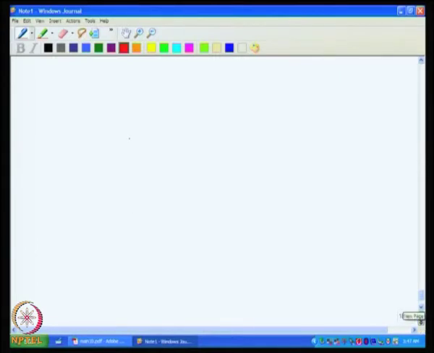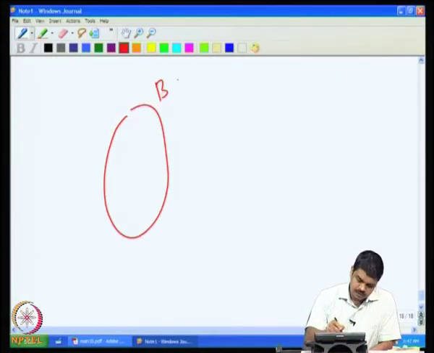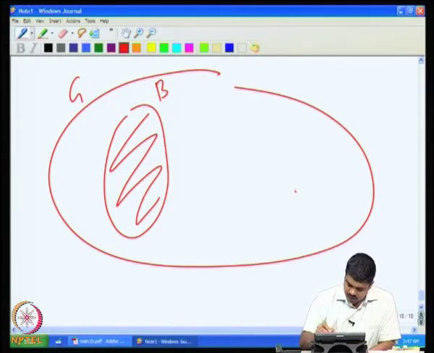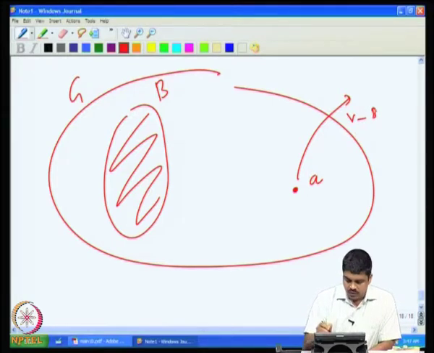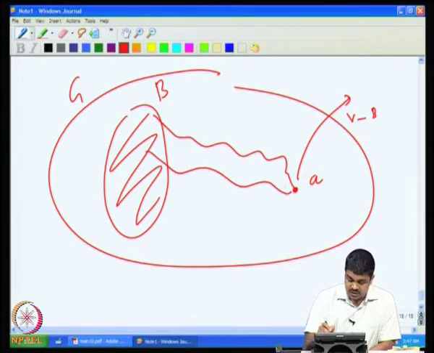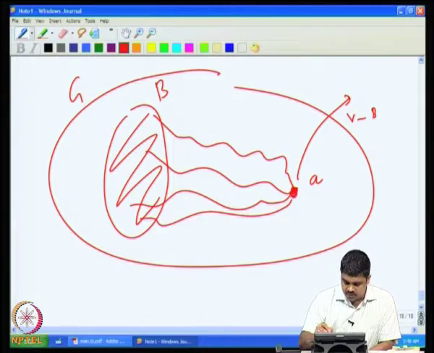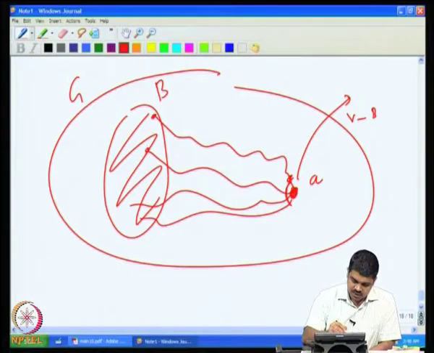Here is a graph G, and here is a set B, and then we take a vertex A outside B, that means A belongs to V minus B. Now we want to find some disjoint paths starting from A to B. Disjoint means that other than the vertex A, they should be internally vertex disjoint, that means nothing else should be shared.